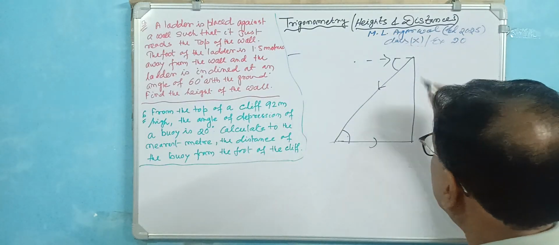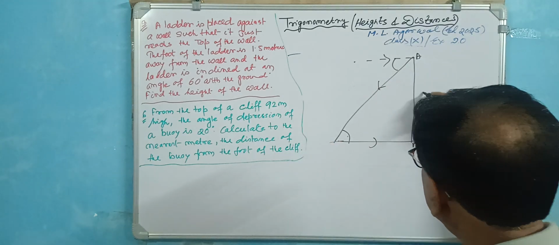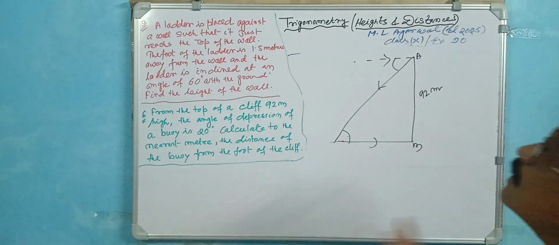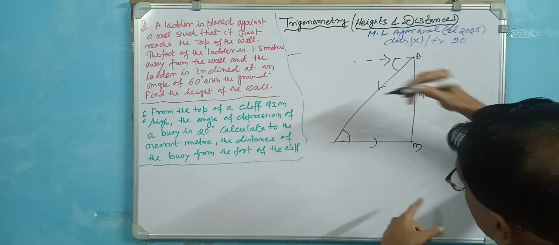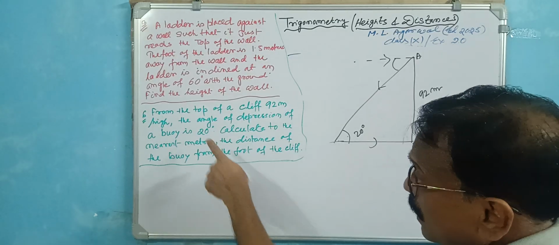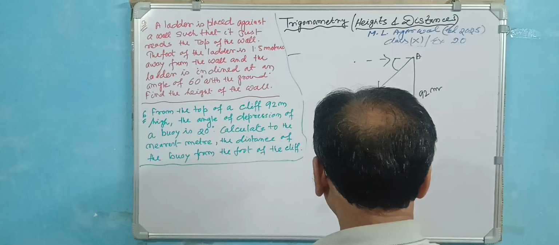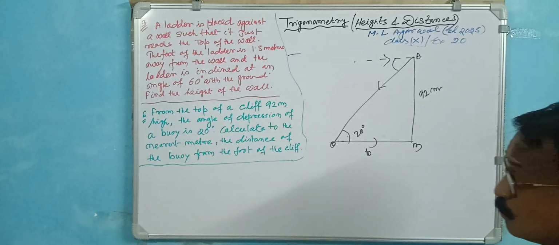From the top of the cliff, this is AB. This is the top of the cliff, 92 meter high. No problem at all. The angle of depression, meaning looking from here in this way, the angle of depression is 20 degrees. This is the buoy.